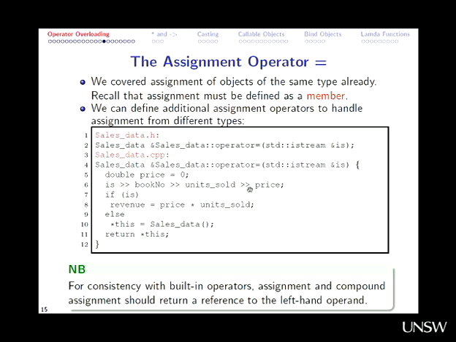So we can also define operator equals, an overloaded function in addition to our copy assignment operator. Take in an input stream, and we can read some of that data in. This is a member function, and again, this returns a reference to the left-hand side.